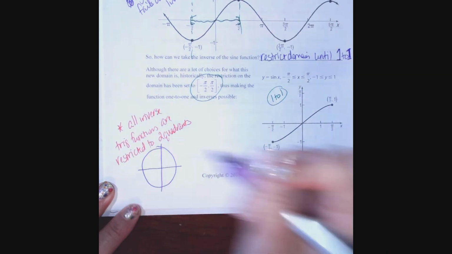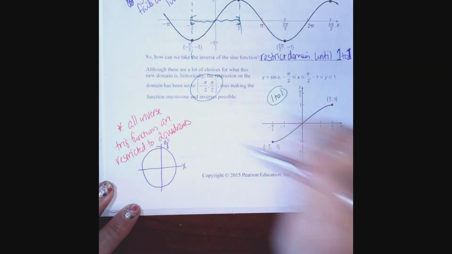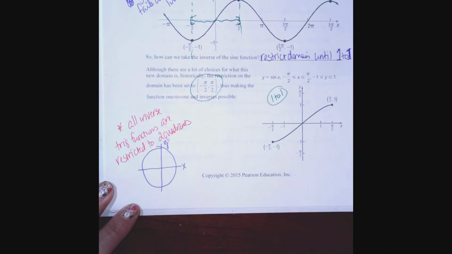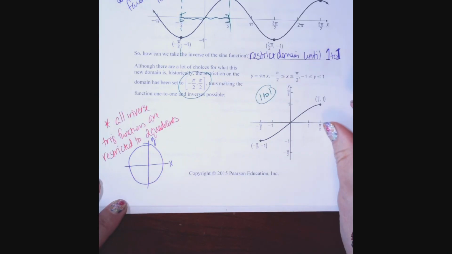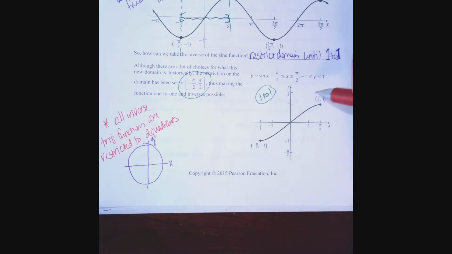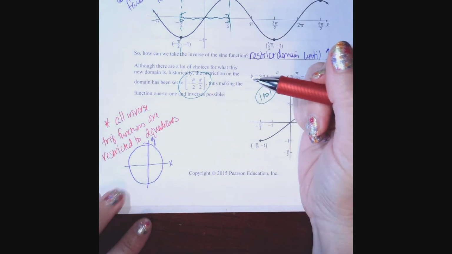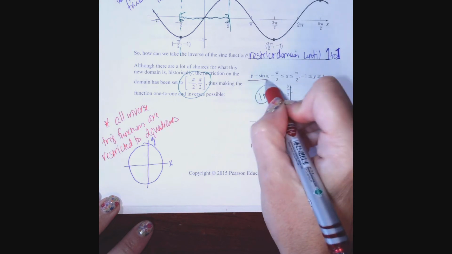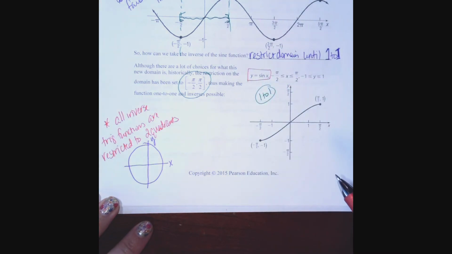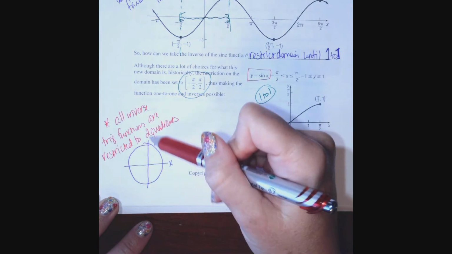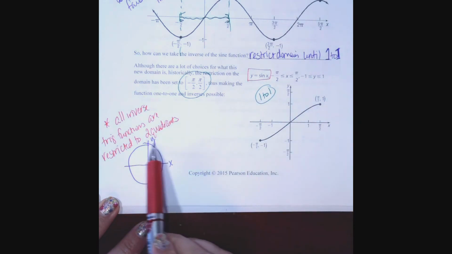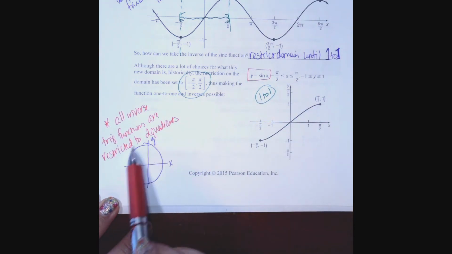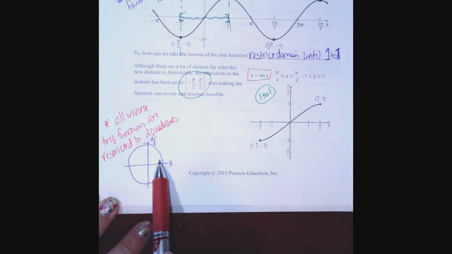So think about our circle. We've got our x-axis and our y-axis. We're talking about sine, and sine is y-dependent. Our definition for sine is y over r, so we are focusing on the y-axis. My y-coordinate is positive in quadrants 1 and 2, and negative in quadrants 3 and 4.